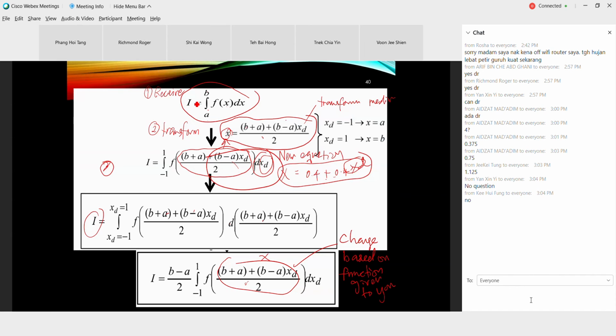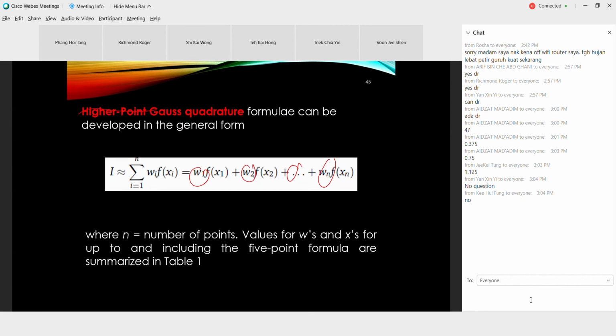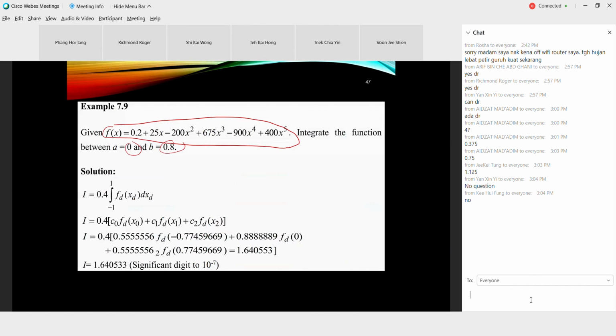Okay, you receive this from the question, and then transform. I mentioned to you transform. Okay, transform: b plus a, plus b minus a. Directly apply that equation.